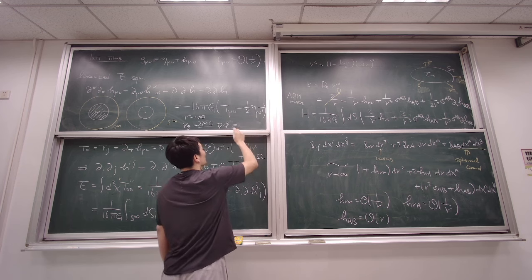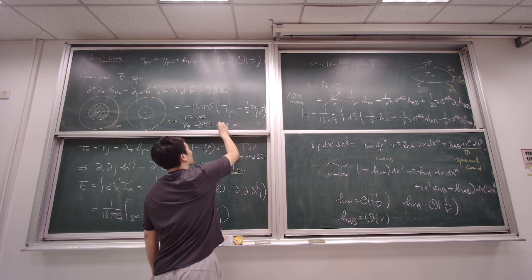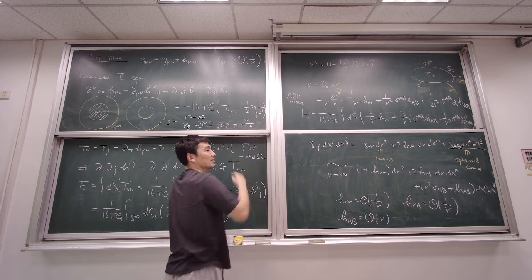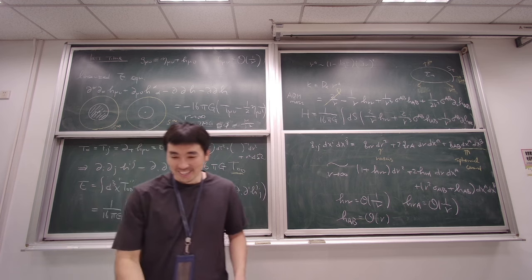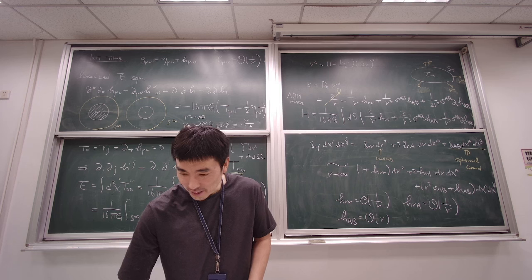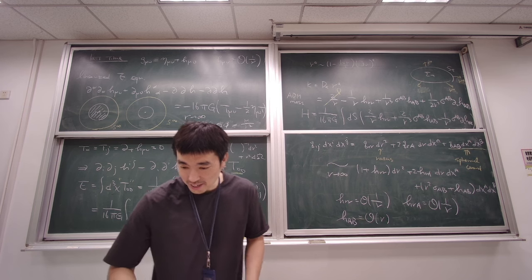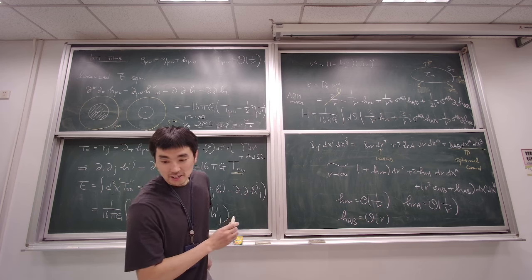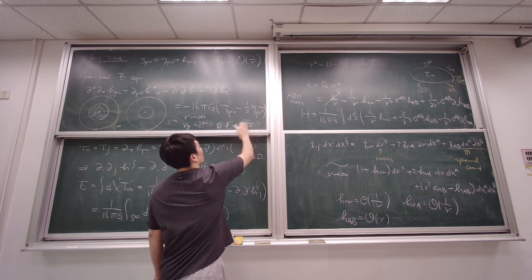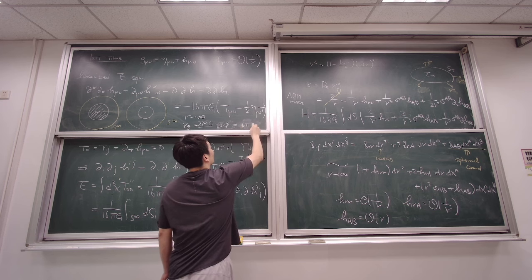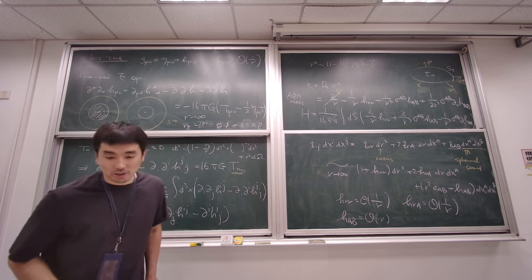What was the Poisson equation? The Laplacian of phi is equal to, I think, 4 pi G rho. Sorry, 2 pi, no, 4 pi G rho. Okay, 4 pi G rho.